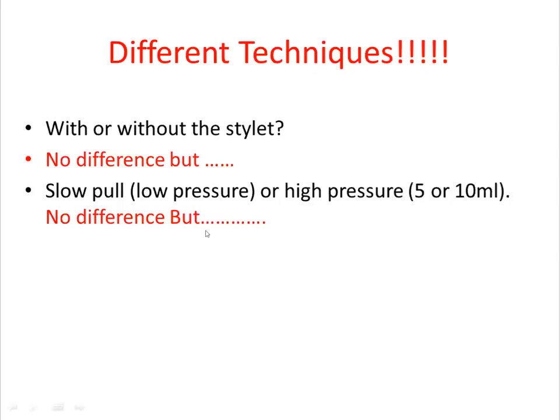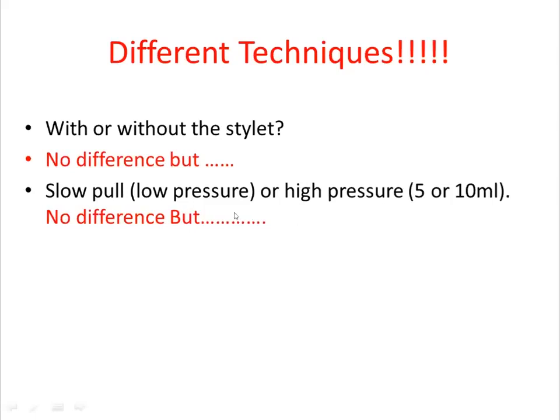If the lesion is hypervascular, as in some GIST tumors and neuroendocrine tumors, I use the slow pull or low pressure technique to avoid bloody samples. I choose this for the first pass. If the material is enough, then I do the second and the third pass by the same technique. But if the material is too little, then in the second pass I apply high pressure.